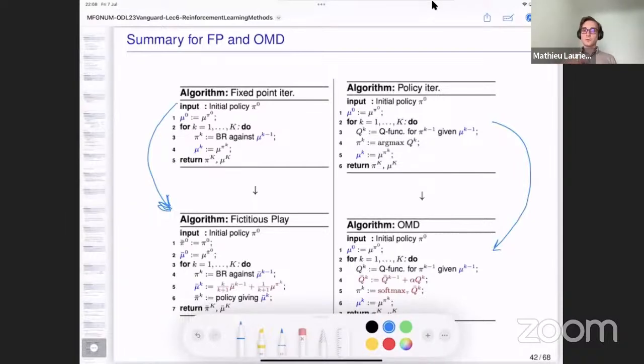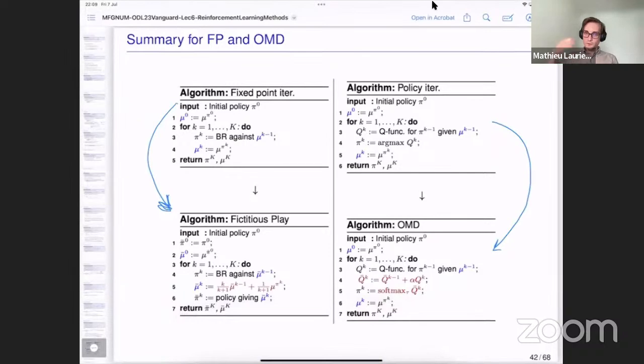Actually, this one is online mirror descent, and there is a recent paper by Qingtong and co-author where they do smooth policy iteration. But in spirit, you start from policy iteration and you smooth the updates to make the convergence more certain, or at least under less restrictive assumptions.